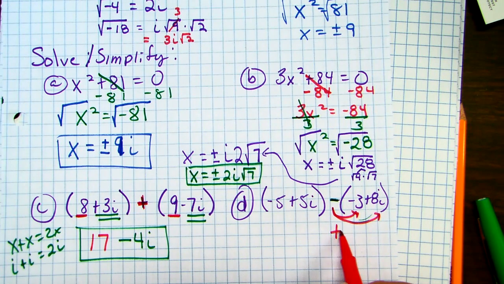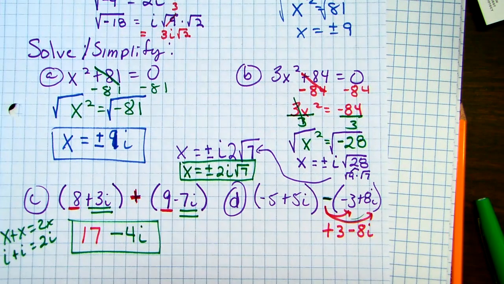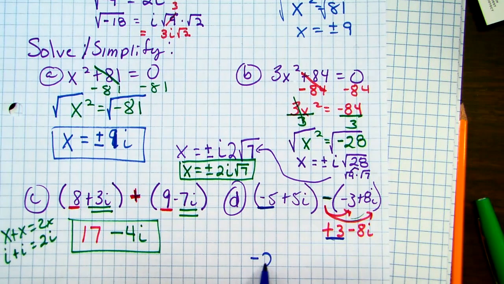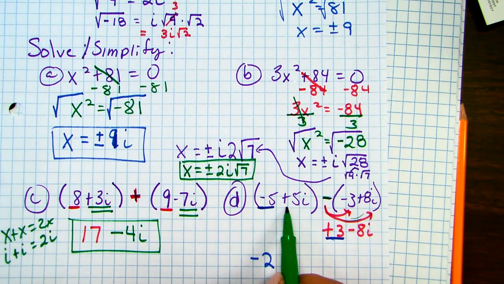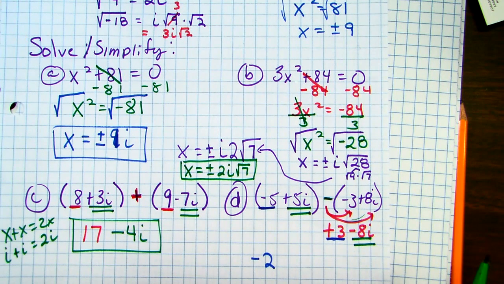That becomes plus 3 minus 8i. Right? It just changes their signs. Then I can just combine like terms. Negative 5 plus 3, negative 2. 5i minus 8i, negative 3.